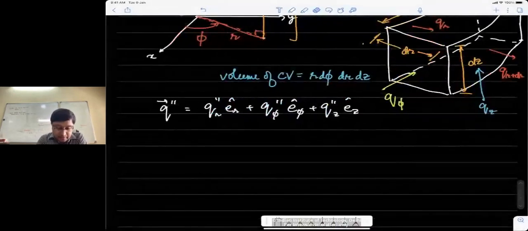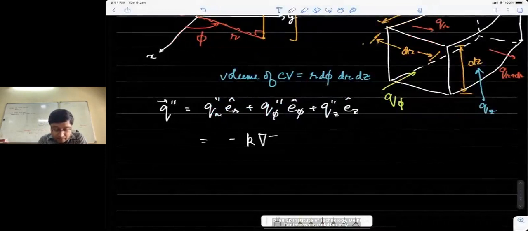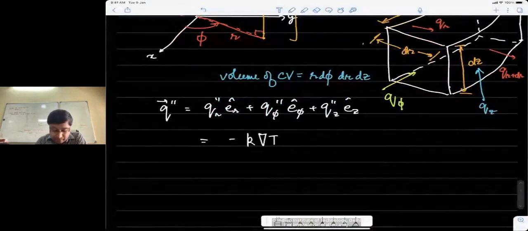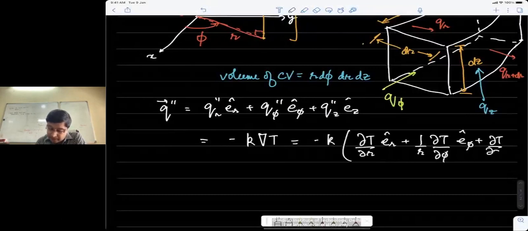Remember that this flux is given by Fourier's law, which is minus k gradient of T. But now the gradient definition changes because we are not in a Cartesian system. So we will have minus k times dT/dr e_r cap plus 1 by r dT/d phi e_phi cap plus dT/dz e_z cap.